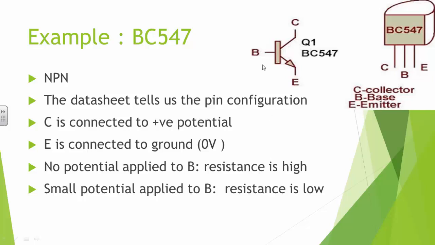So this is the situation where we apply a small current to the connection and get a large current. We put a small amount of power into the base and it drops the resistance of the transistor down to essentially null. But because it's attached to a power supply, we can get lots of power from a tiny amount of power.